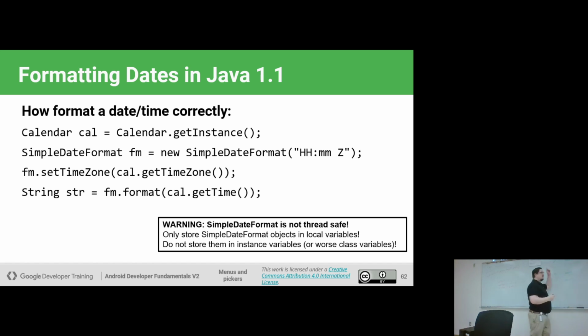The new APIs don't make this any simpler. They do fix a lot of problems, but that's just something you have to be aware of if you're writing format strings in Java. Uppercase H is different from lowercase h by that 24 versus 12, and uppercase M and lowercase m are very different. A month and a minute are nowhere near the same thing.